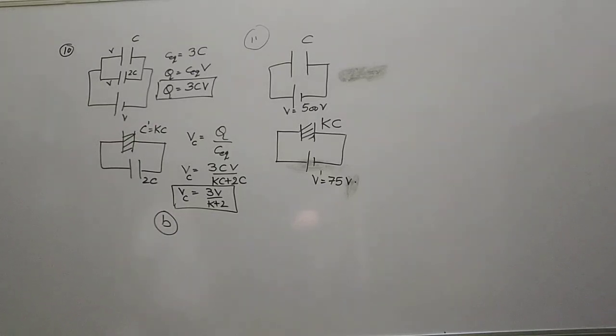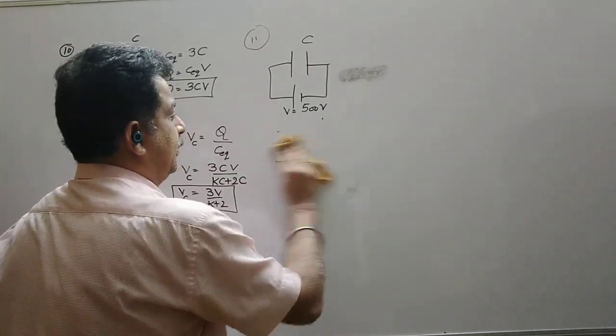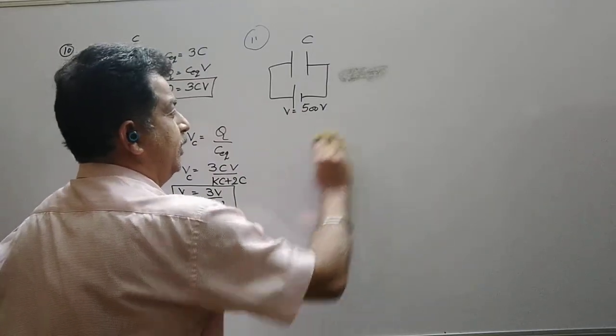Now we can find the total charge from equation 1 and the new charge can also be found. Sorry, no battery is connected. The new potential is given.